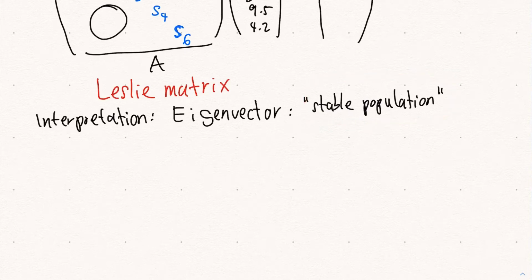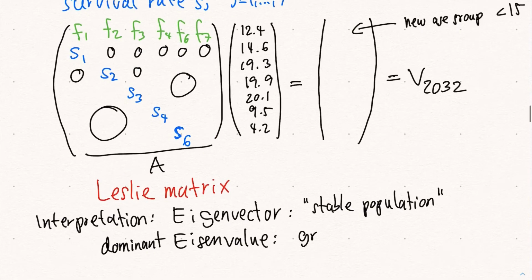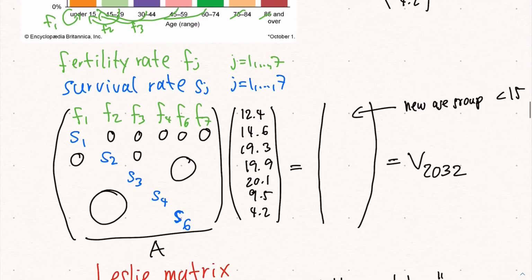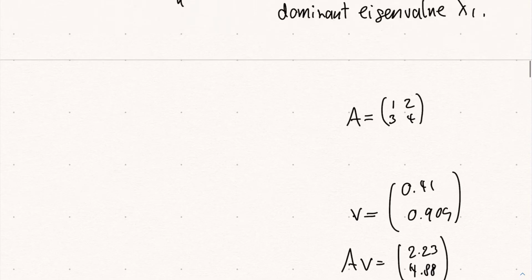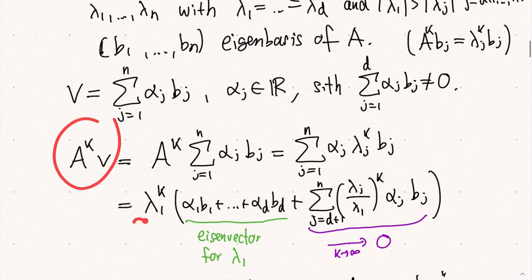And what is the eigenvalue in this example? The eigenvalue just describes the growth. And here I should say the dominant eigenvalue, because applying this matrix again and again, if we go back to our calculation here, will lead to this part here, that the dominant eigenvalue is the main part which plays a role.